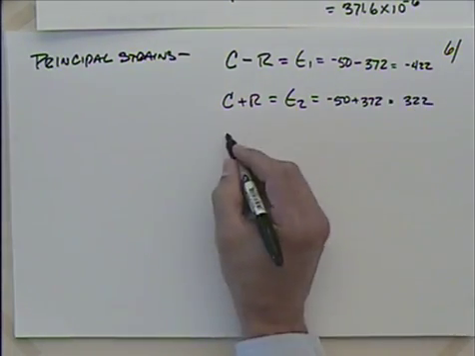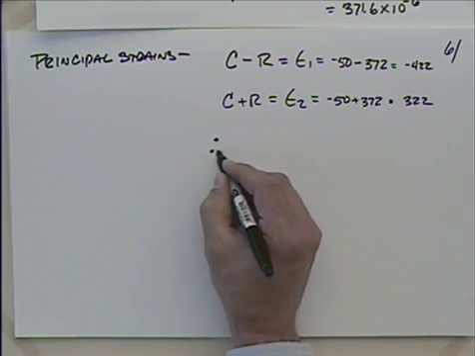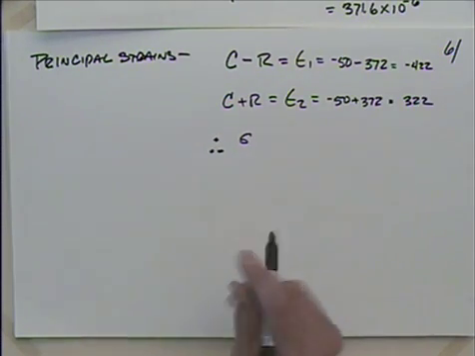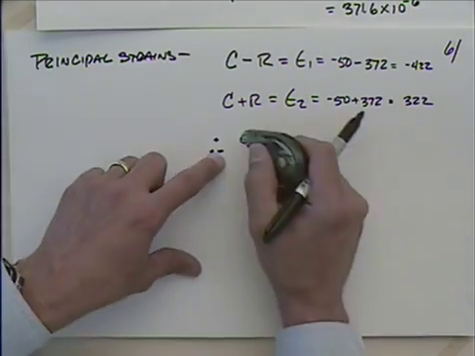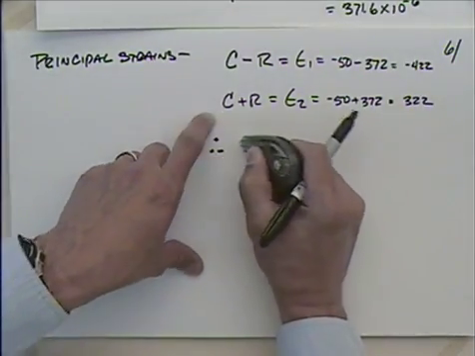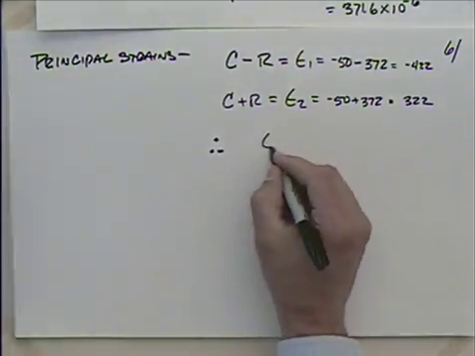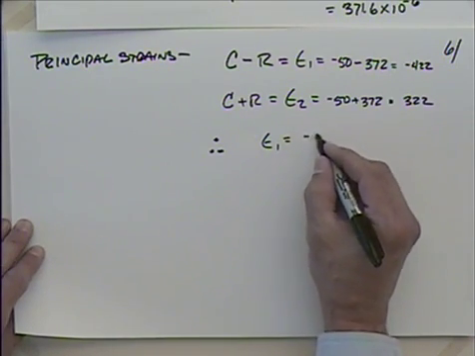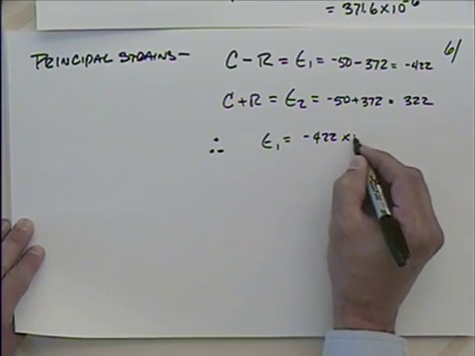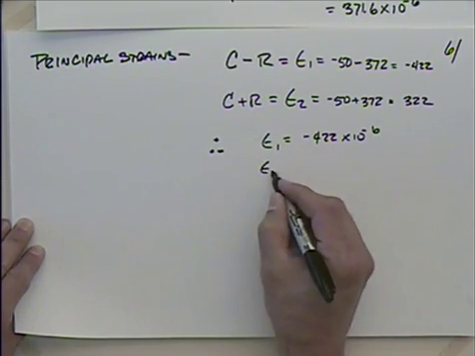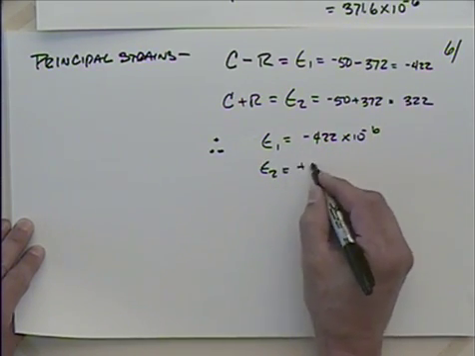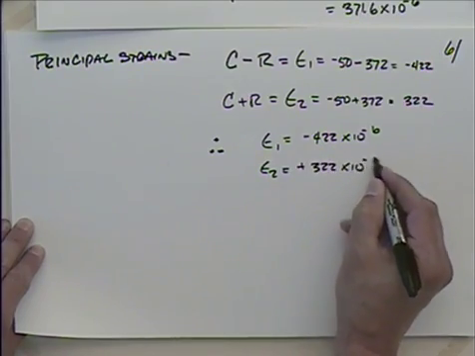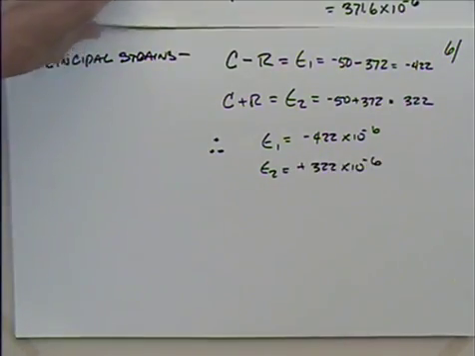Yeah. So I've got then that epsilon 1 is equal to minus 422 times 10 to the minus 6, and epsilon 2 is equal to positive 322 times 10 to the minus 6.